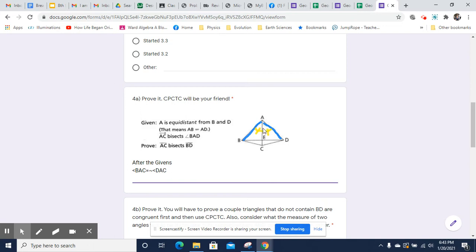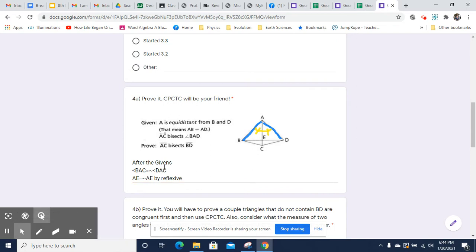We actually could prove ABE and ADE are congruent right now, because we can say AE is congruent to AE by reflexive.